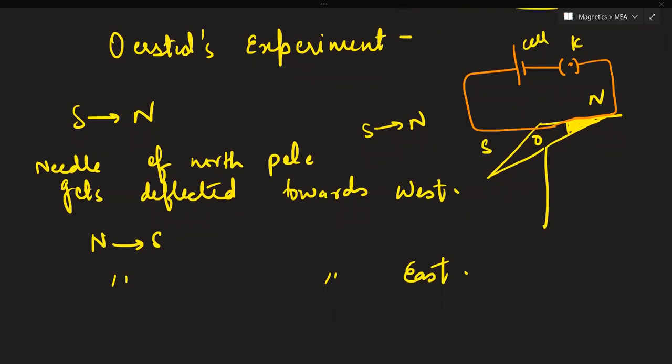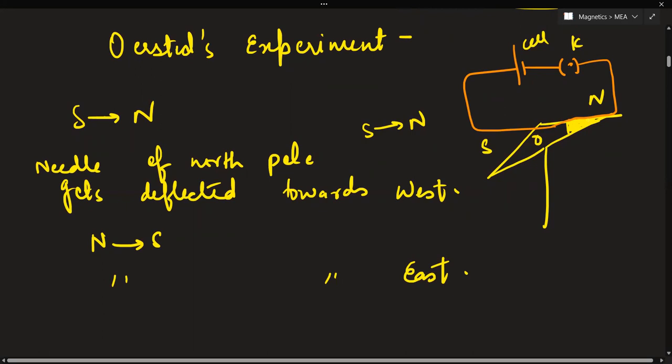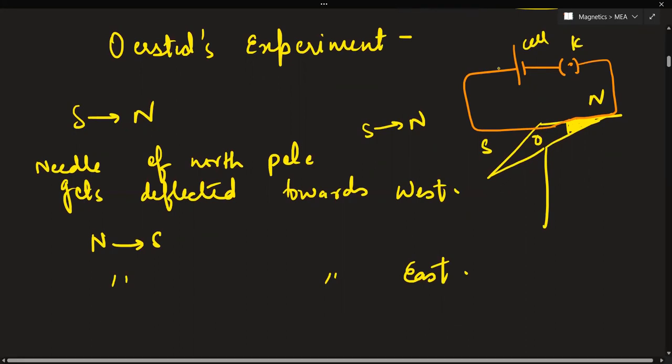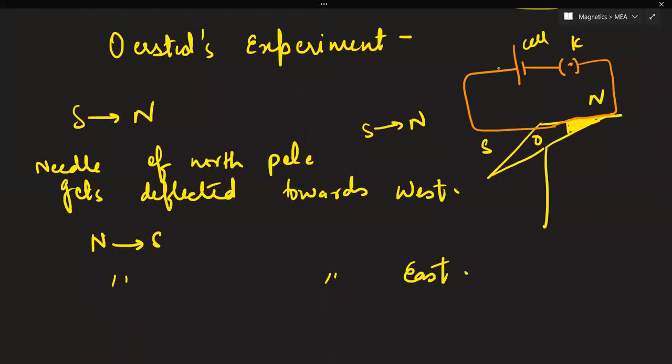If this is the direction of flow of current from south to north, and this is the direction from north to south, then if this is north-south, here it will be west, and here it will be east. One more observation was that when the wire was placed below the needle, the direction of deflection of the needle again reversed. And when the current finally stopped flowing, the magnetic needle came back to its original position.